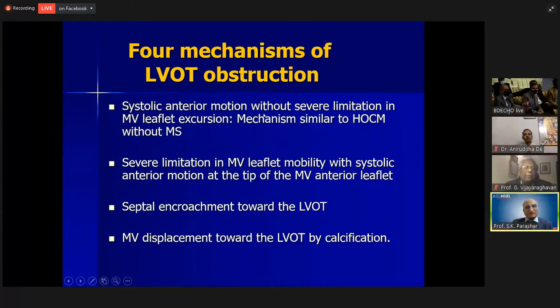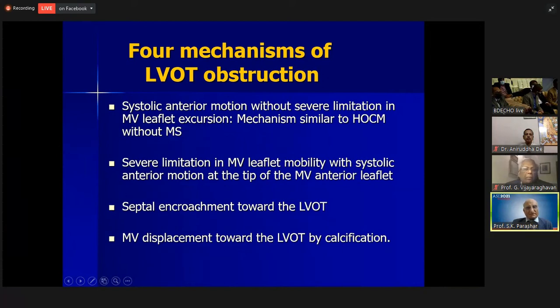Number one, a systolic anterior motion without severe limitation, as you see in HOCM, but there was no SAM in this case. Number two, a severe limitation of mitral leaflet mobility with systolic anterior motion at the tip of the anterior mitral leaflet, which was also not present in this case because there was no such SAM.